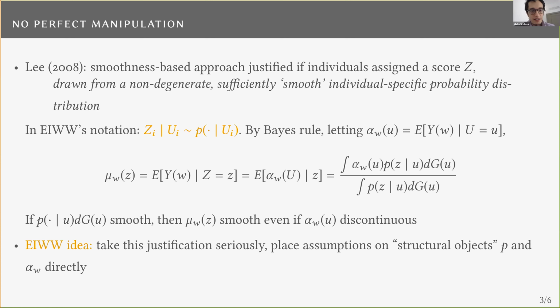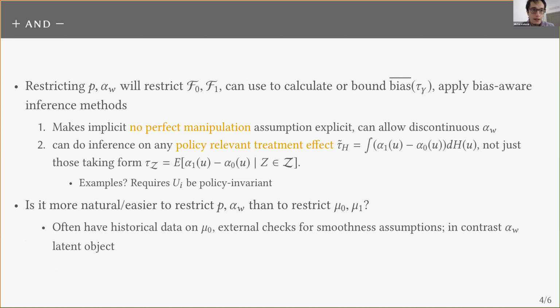And so the idea of the paper is to take this justification seriously and say, well, if that is how people justify these smoothness assumptions in the first place, why don't we instead directly place assumptions on the conditional mean of the potential outcomes given U, this AWU function, and place assumptions on this individual specific probability distribution P. And once I restrict AW and I restrict P, this in turn is going to restrict the conditional means for the observed outcome, and I can use that to calculate or bound the bias of the estimator.